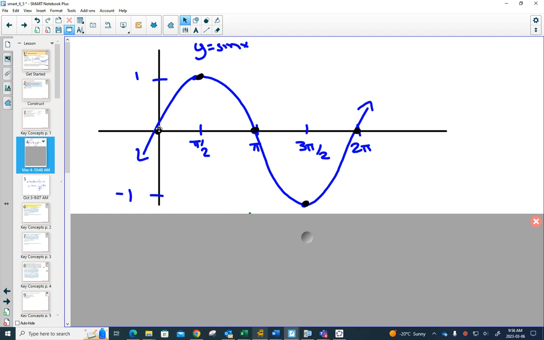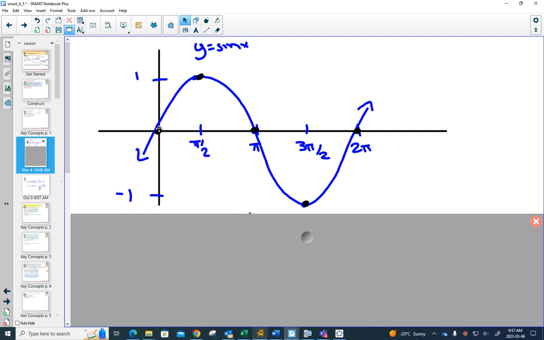Now while you're drawing that down, a couple of things to notice on here. Do you notice that the period of your sine graph, how long it takes to repeat itself, is 2 pi, exactly 1 time around your circle. Once you go around your circle, then everything repeats itself for sine.